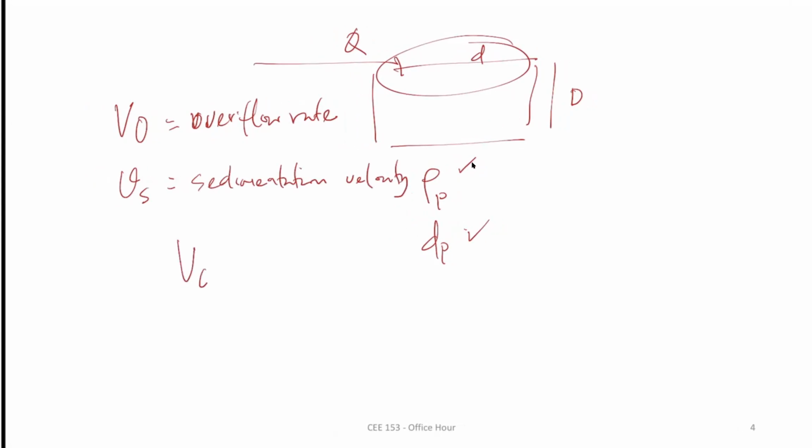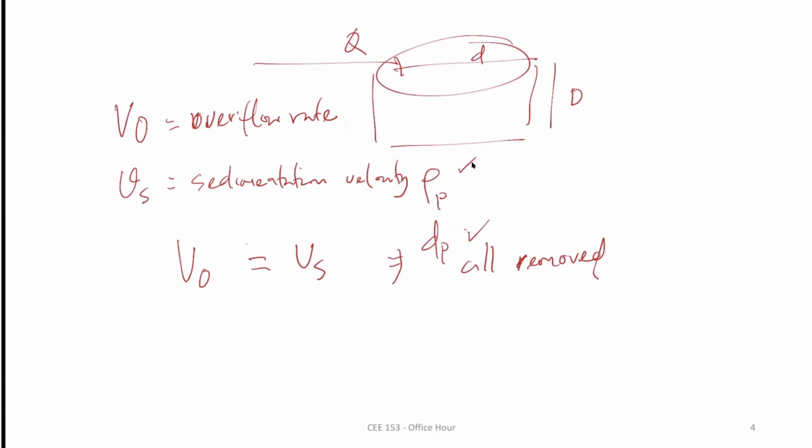If v0 equal to vs, that means all removed. Because before it overflows, everything already settled. That's sufficient time.